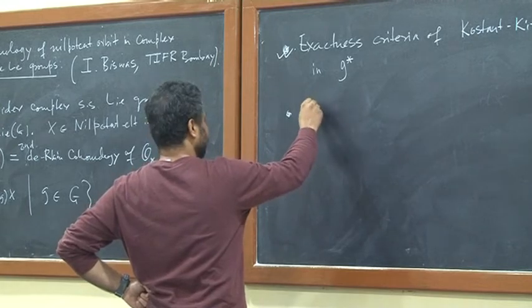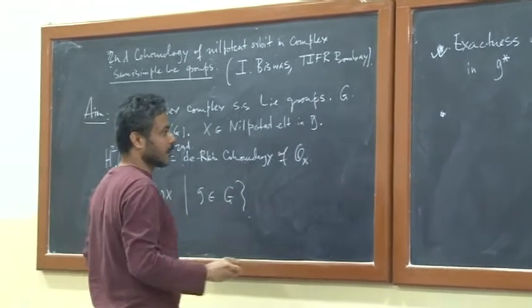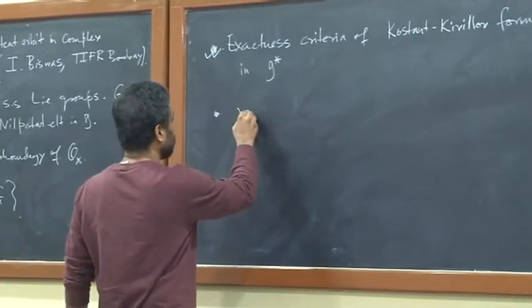So there are certain very special nilpotent orbits called regular nilpotent orbits. I'm going to define what they are.